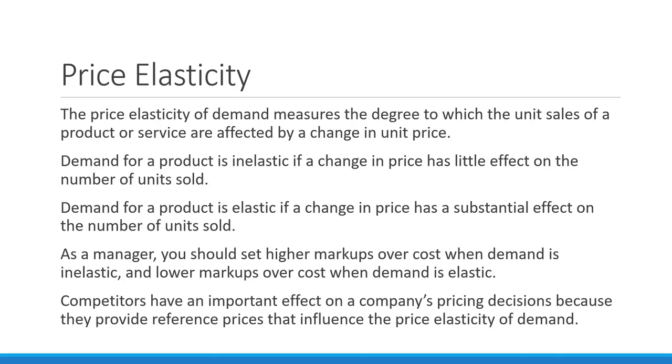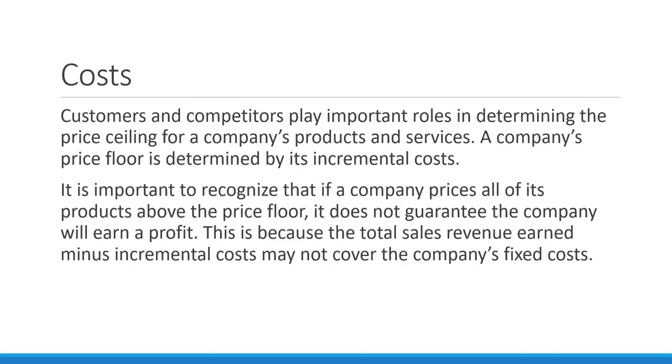Competitors have an important effect in companies' pricing decisions because they provide the reference prices that influence the price elasticity of demand. So at what point is a customer willing to pay for our product before they'll go to a competitor for a cheaper price? Customers and competitors play important roles in determining the price ceiling for our products and services.